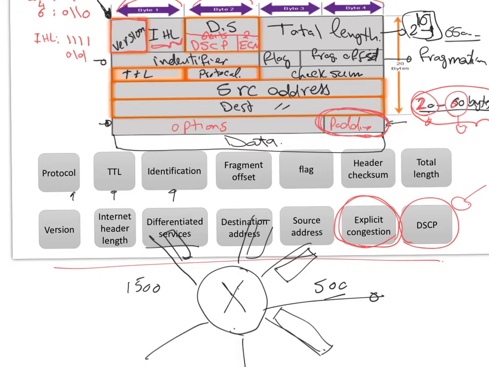All right, so TTL here stands for time to live. The time to live indicates the maximum time that this packet can live on the internet.